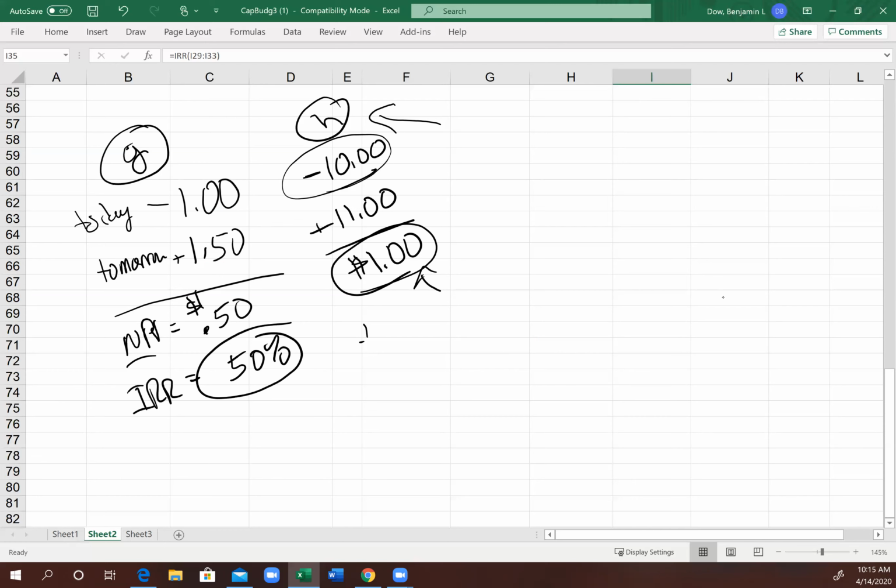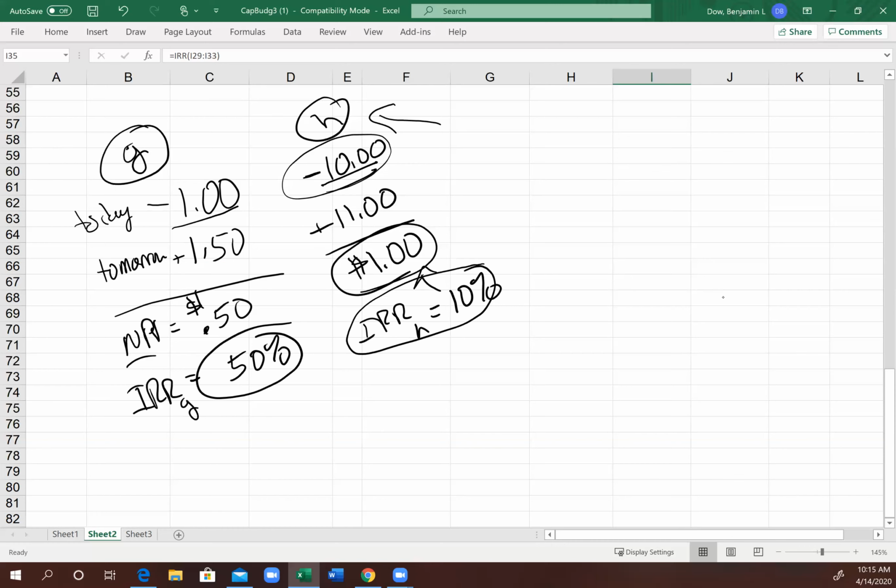From an IRR perspective, project G has a 50% return. Project H has a 10% return. So when you look at it on a percentage basis, notice one of the problems here. The IRR just provides you with a percentage return, but it ignores what's called a scaling effect.